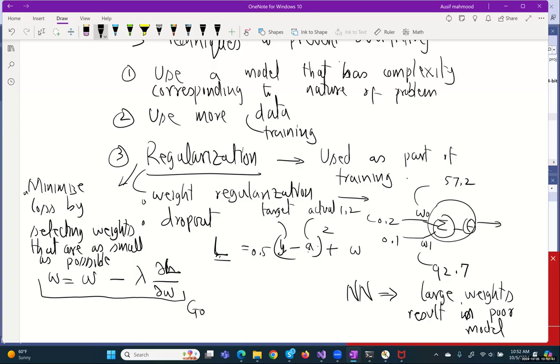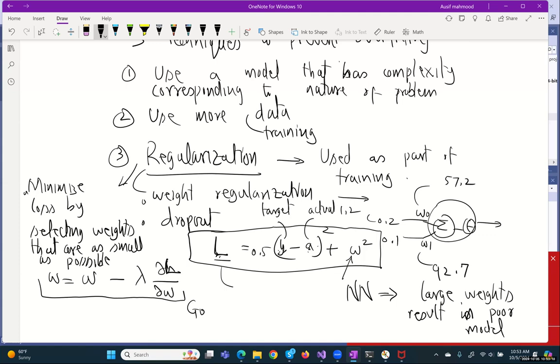So what if I add W squared over here in the loss function? Take a look, what's the goal of the training of the neural network? It is to make this loss as small as possible. If a is very close to y, will the loss be less? Yes. What about the weights?